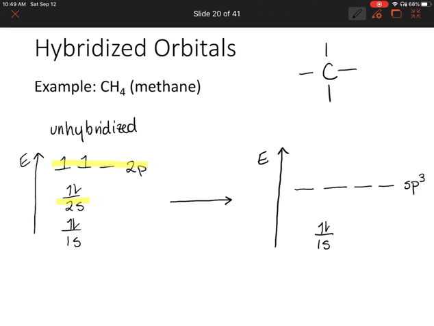And now those 4 electrons that are in the 2s and 2p orbitals will each have their own space, and they're all unpaired. So now this is a better explanation for why carbon can make 4 bonds.